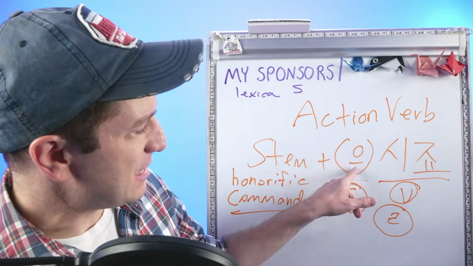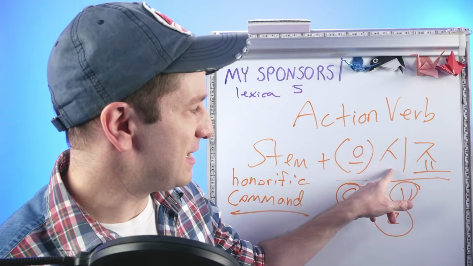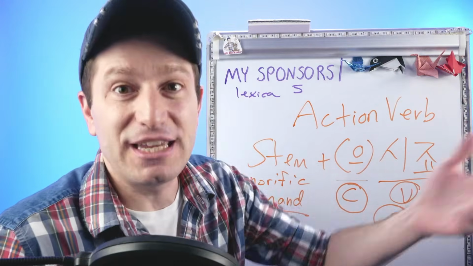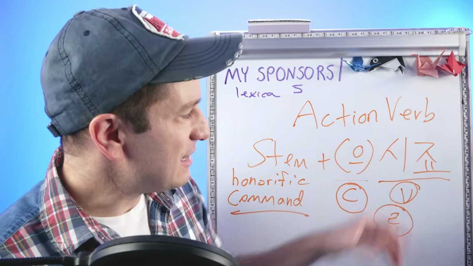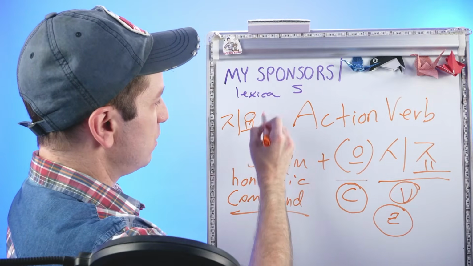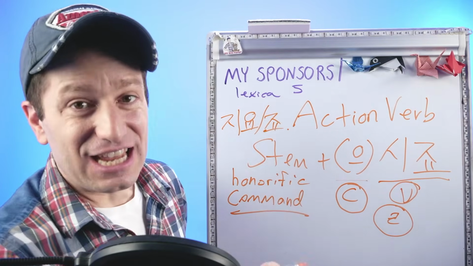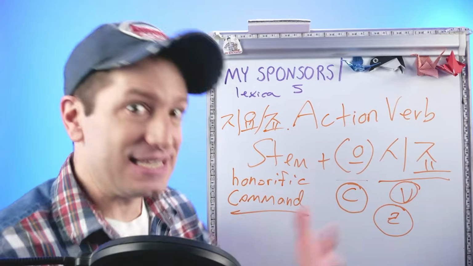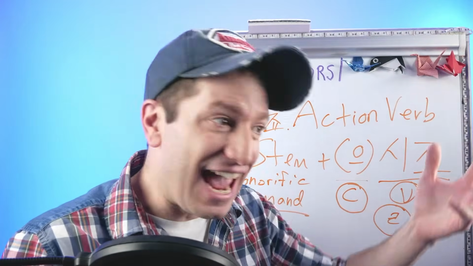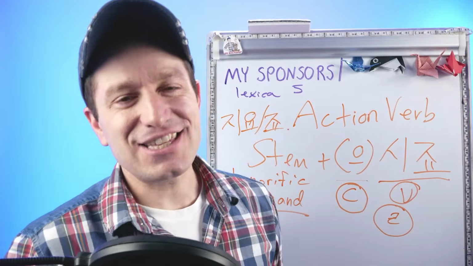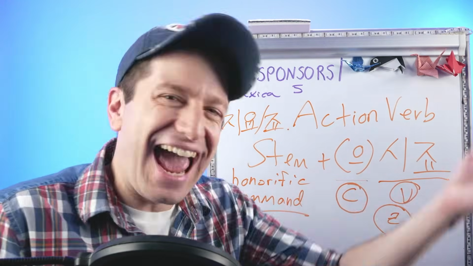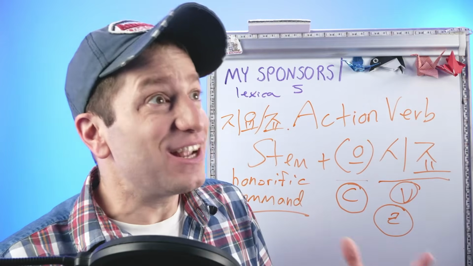The honorific part is this 시 part here, which means someone else is doing something, describing or talking about someone else. And the 조 at the end is the 지, 요, 조 ending that you probably know, which means like, isn't it? Right? Okay? Huh? That sort of ending. So this form literally means do something, okay?